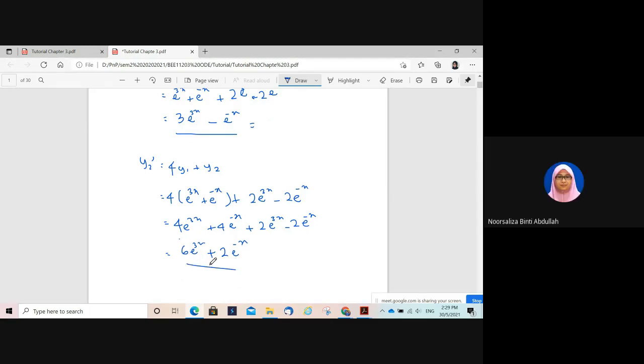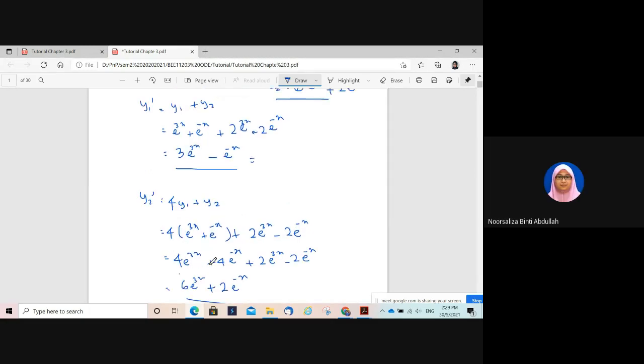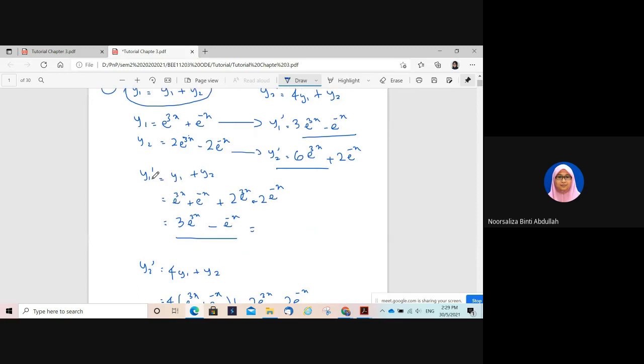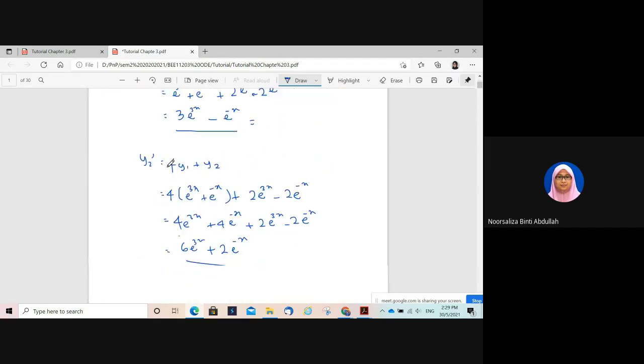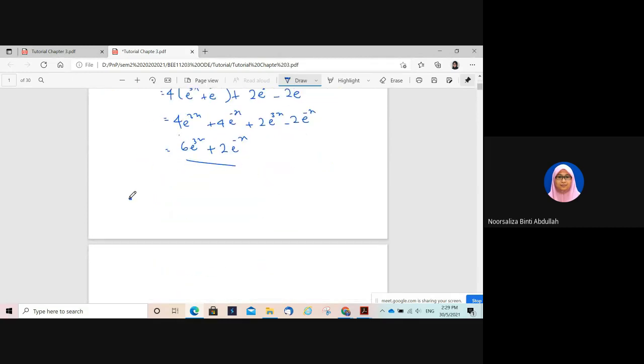Okay, so once you get, you prove that y1 prime and y2 prime, this one. So at the end you must have y1x and y2x is the solution of the system.